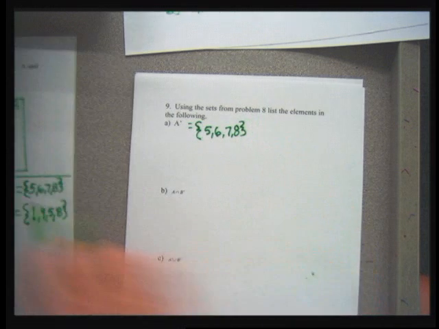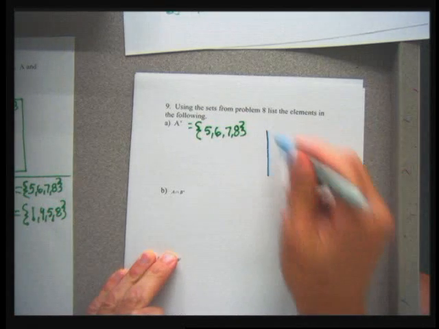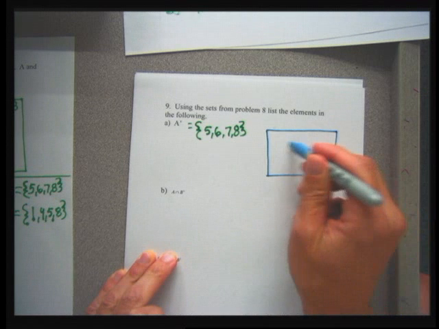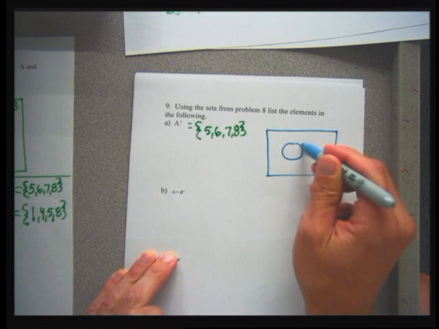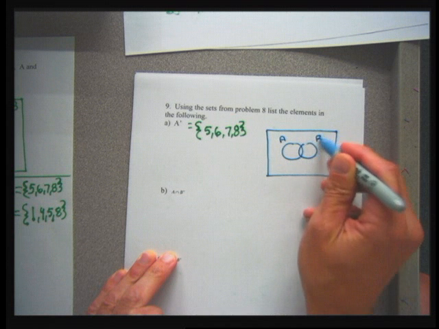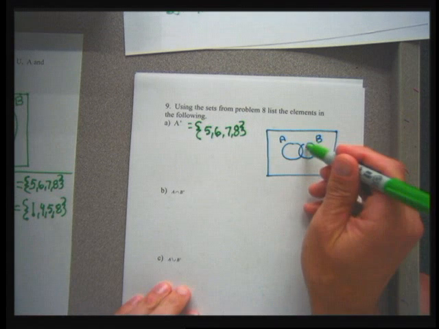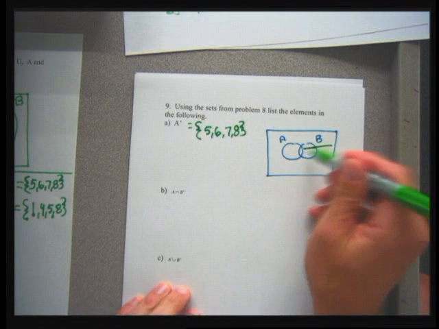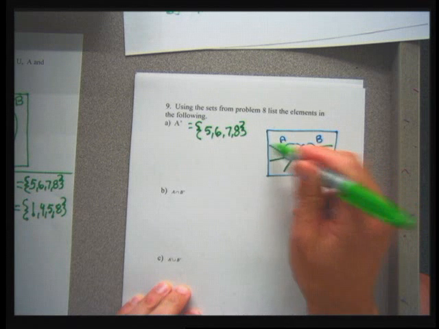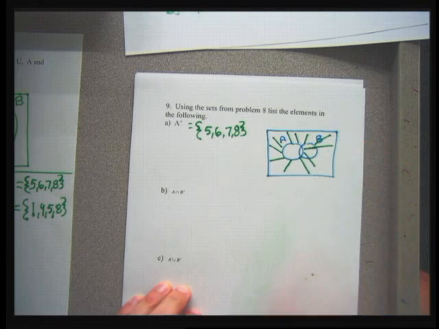I'll just do the pictures right next to this. You could get the same answer by looking at the picture that we have drawn and understanding what region of the picture A prime represents, and then looking at the numbers that are in that region. Pictorially, A prime represents anything outside the A circle. So it represents any number that I've placed in the Venn diagram as long as it's not in the A circle.